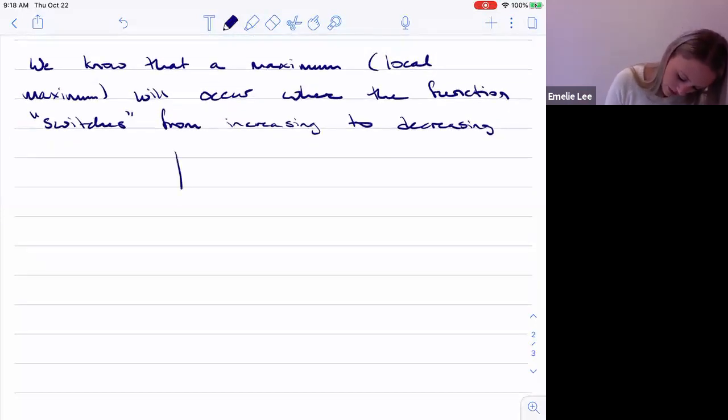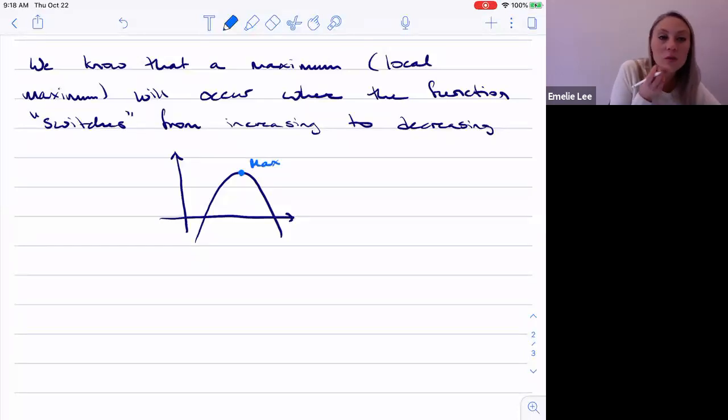Right? If you've got a graph like this, we would probably say this is the maximum. We could call it a local maximum, but just for brevity, I'm going to just call it the maximum. And then so here, right, it's increasing.